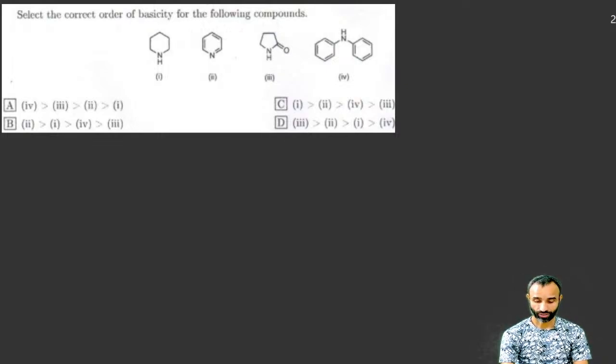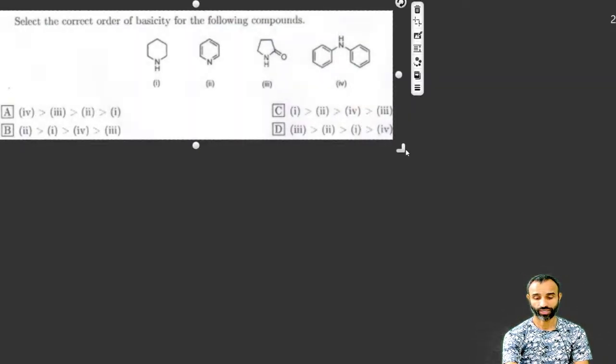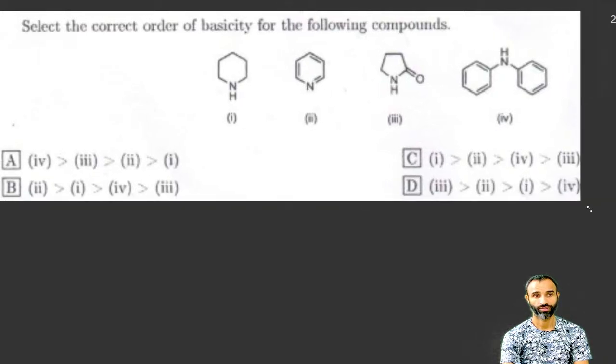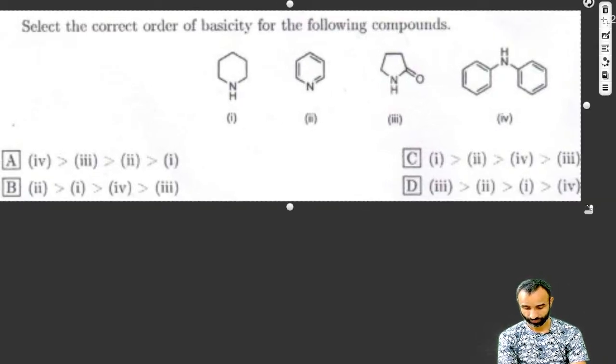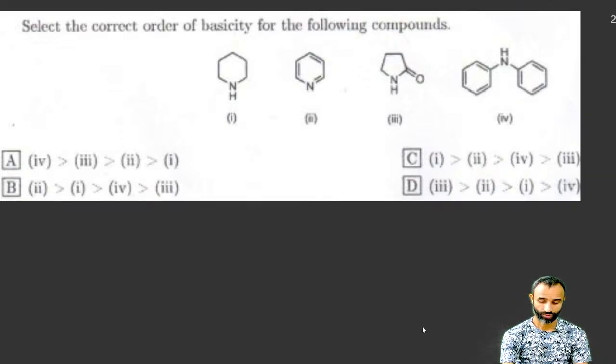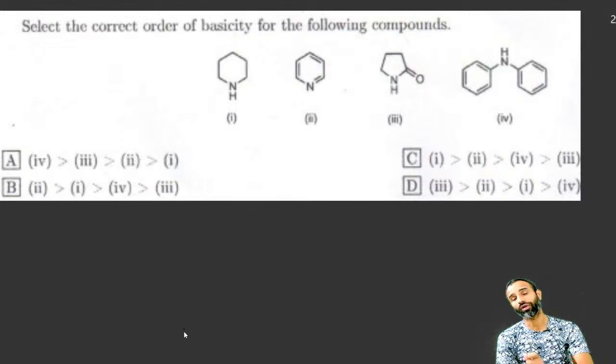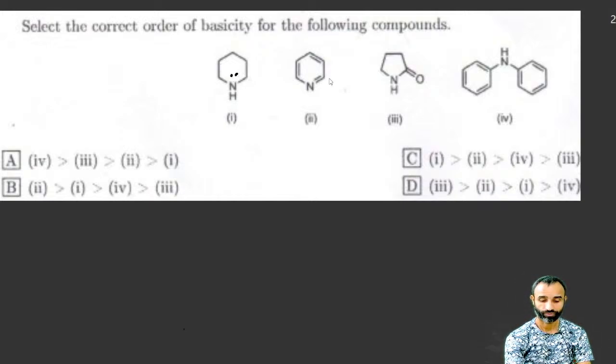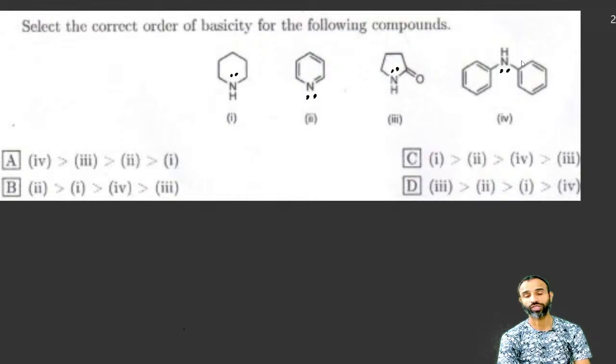Select the correct basicity order for the following compounds. So start comparing. First of all, all are nitrogens where there is a lone pair. First and foremost thing is we should see their hybridization. So in first case, what is the hybridization of nitrogen?